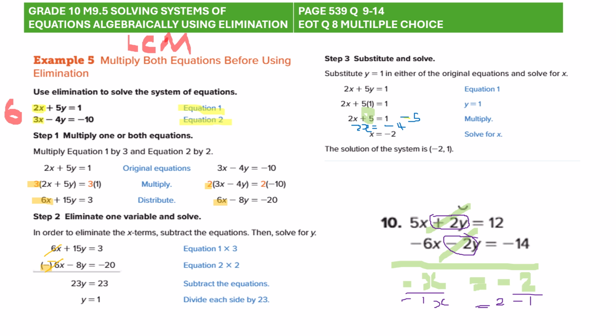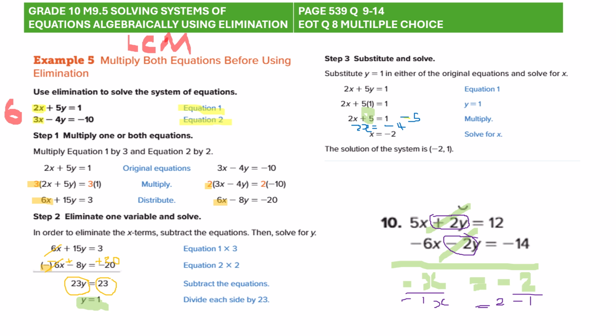Negative 8 becomes positive 8, so this becomes 23 when we add. And negative 20 will become positive 20, and therefore gives us the answer of 23. So divide by 23 on both sides and we are left with x is equal to 1.